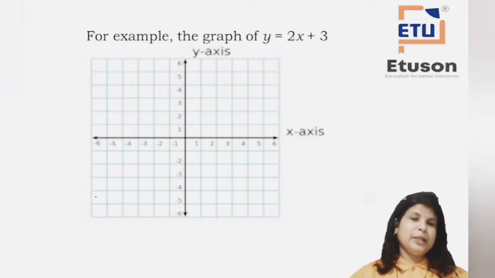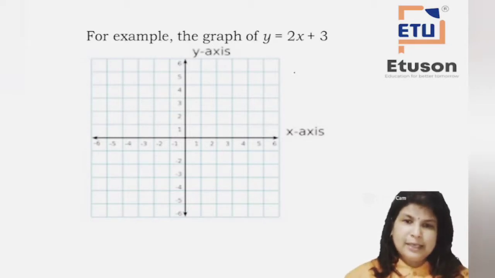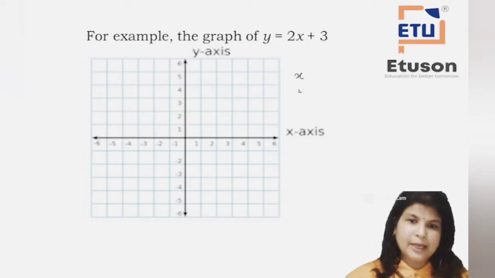For plotting a graph, we need some points. So I will take x here and y is equal to 2x plus 3. That means for different values of x, I am going to find out the different values of y.